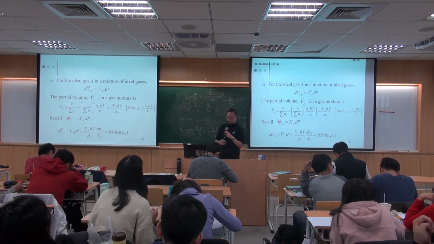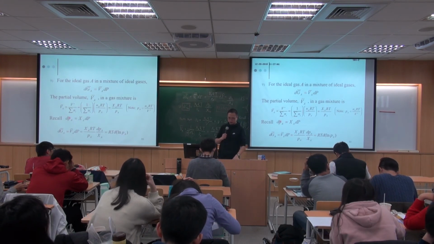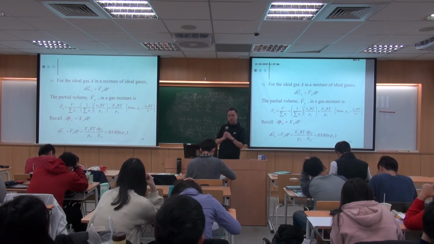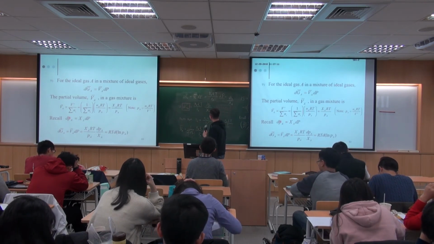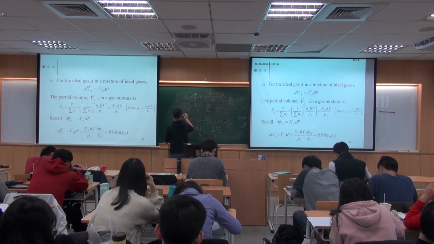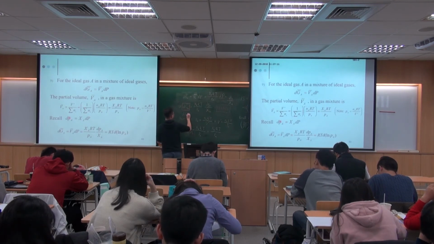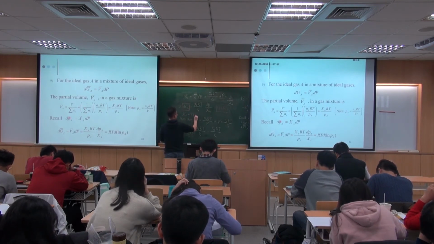I think in the next semester, when you encounter this again, typically you'll just memorize this. And if you compare this to the original form, if you still remember, for ideal gas, you have this, right?